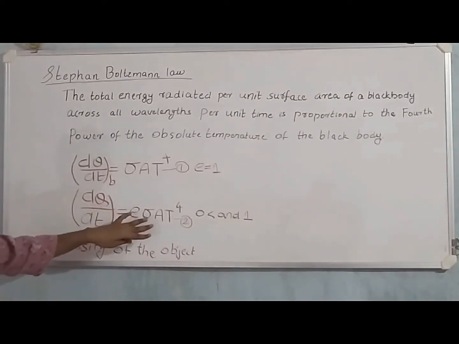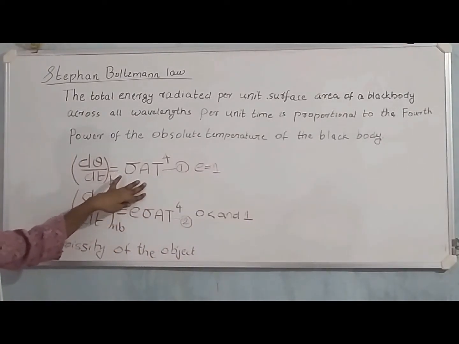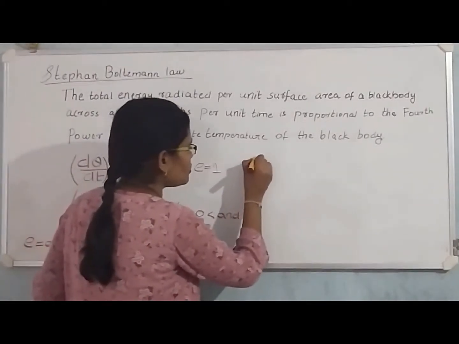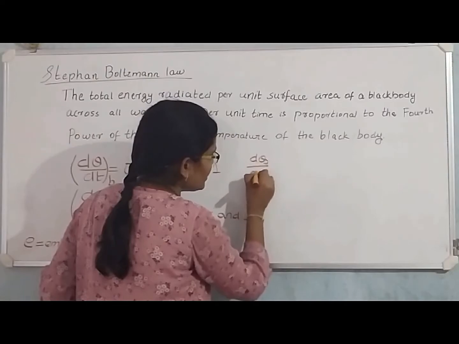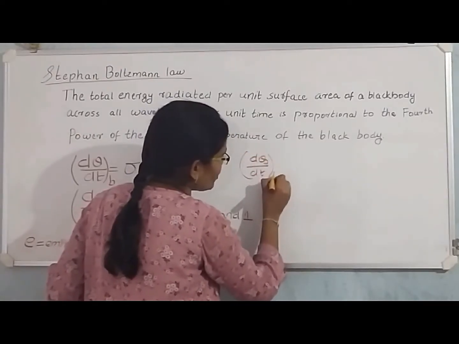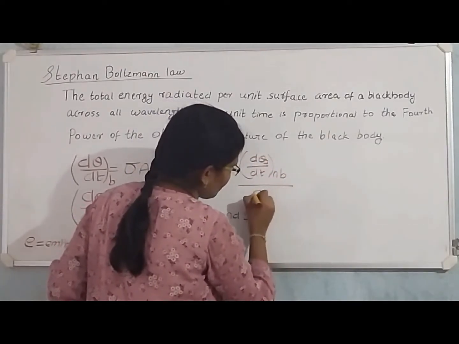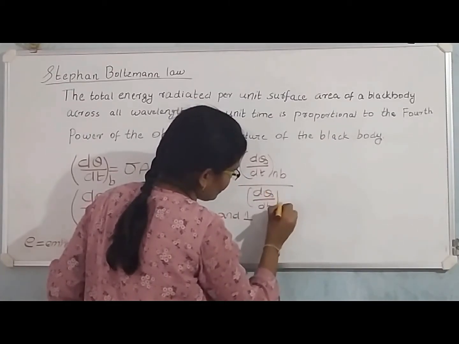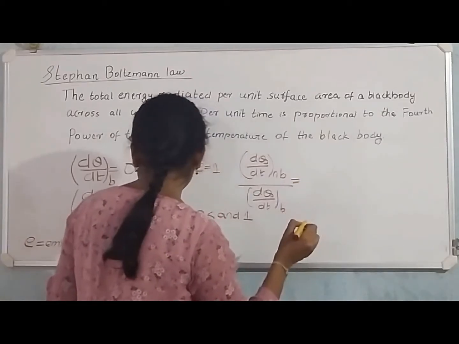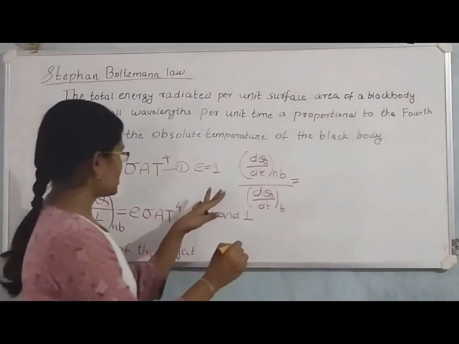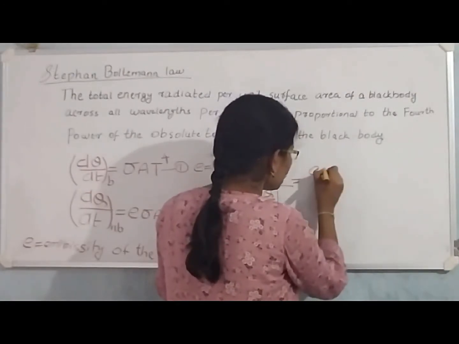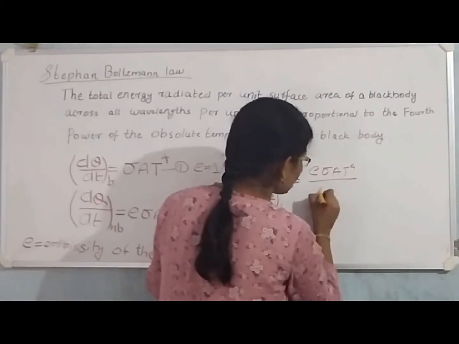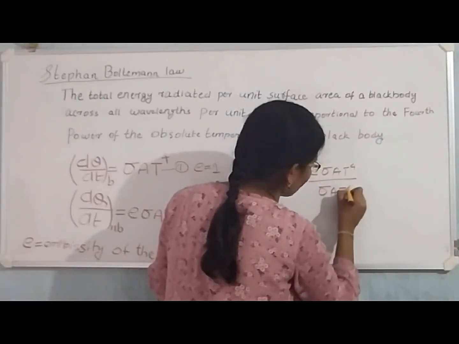When I divide the second equation by equation 1, dq over dt for a non-black object by dq over dt for a black body is equal to E sigma A T power 4 by sigma A T power 4.